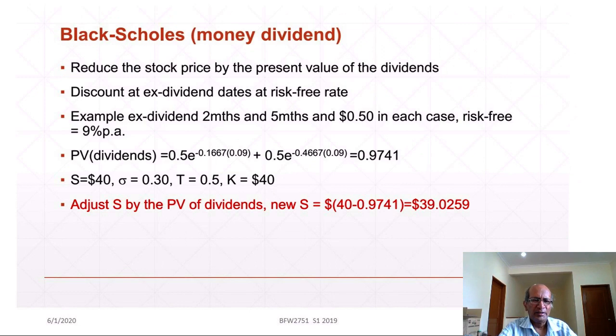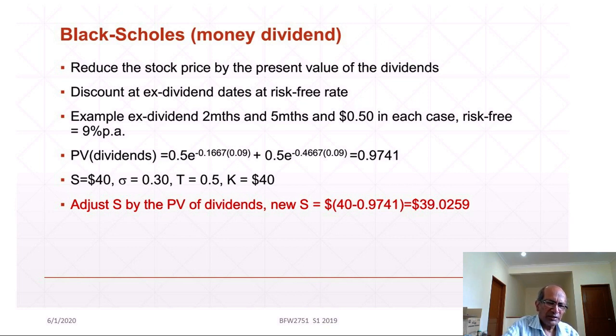Okay, let us see. Money dividend: what we mean by money dividend is a dividend given to you in dollars. Reduce the stock price by the present value of the dividends. Discount the ex-dividend dates at the risk-free rate. For example, ex-dividend dates at 2 months and 5 months, and 50 cents in each case. The risk-free rate is 9% per annum.